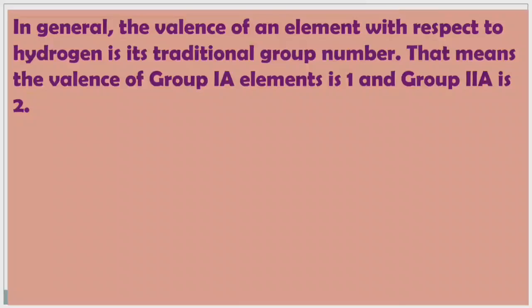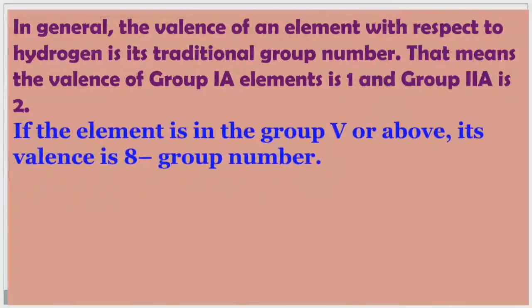When we are considering group 1 to group 4, then the valence of an element with respect to hydrogen is the traditional group number. If the element is in group 5 or above, then its valence is 8 minus group number.